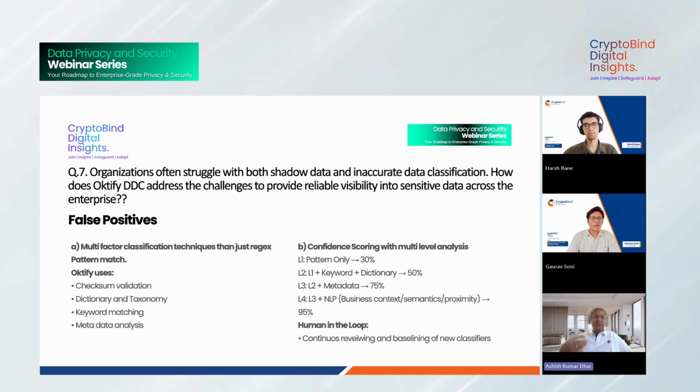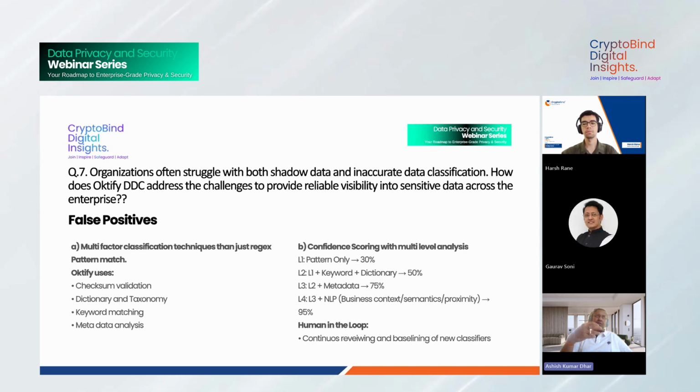But then we take it through multiple iterations at different levels. For example, at the next level, L2, we combine pattern match with keyword and dictionary match, which gives us a little better result, a confidence score of 50%. When we process it along with the metadata I mentioned, the data we understand from the data store or the file name, it gives us some more clues.